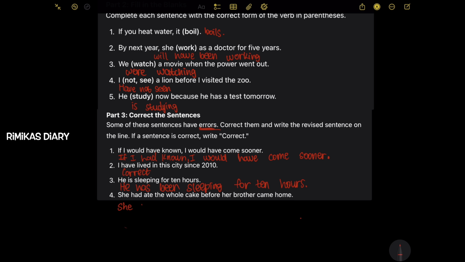She had eaten the whole cake before her brother came home.